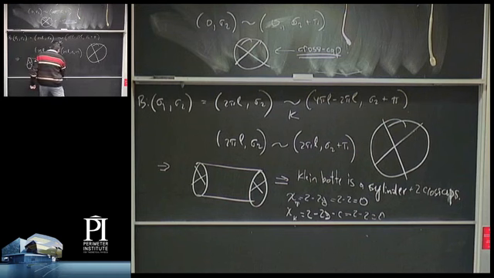So what we are concluding is that the Klein bottle is a cylinder plus 2 cross-caps.